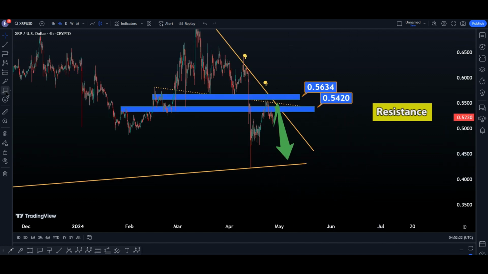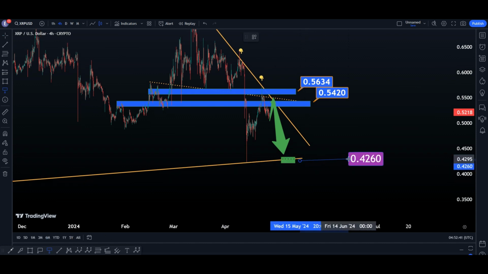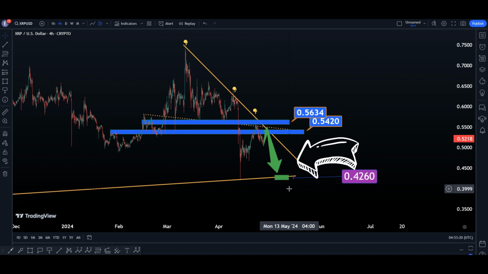I'm in here. If the market can't break those resistances, I think we have a bearish market until here.